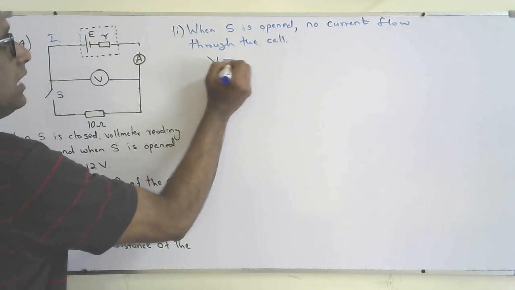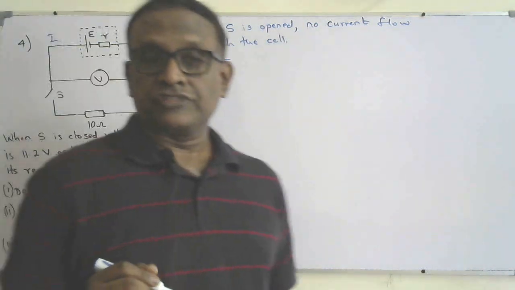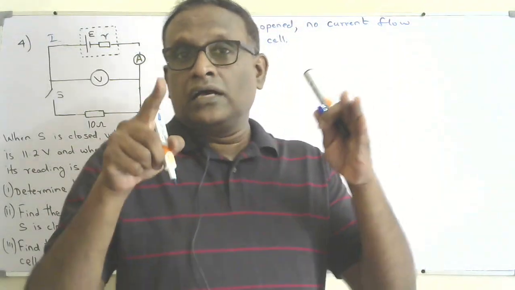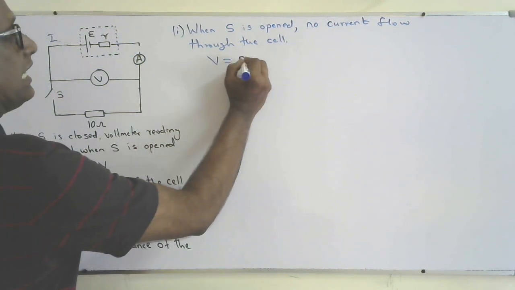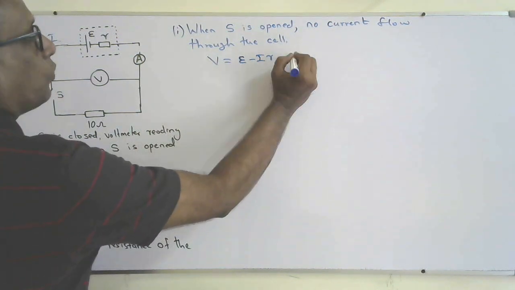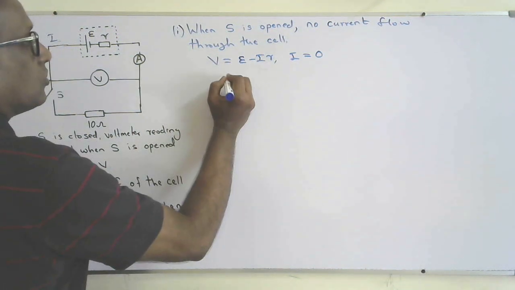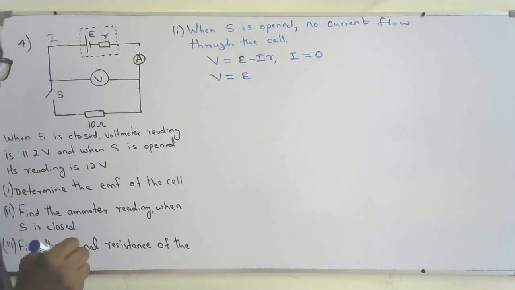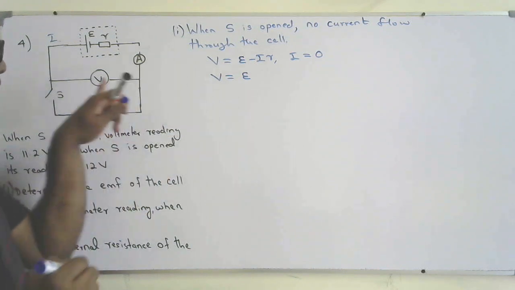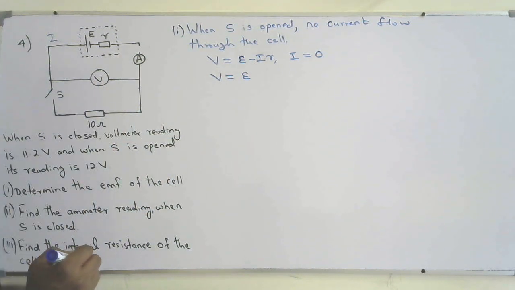So the terminal potential difference of the cell, which is read by the voltmeter, V equal E minus Ir, where I is equal to 0. So that means V is equal to EMF. But V is recorded by the voltmeter as 12 volt.